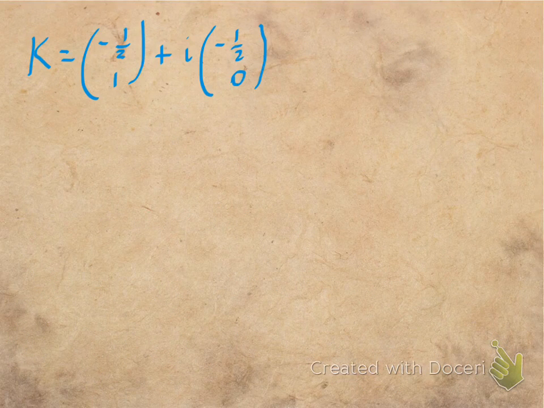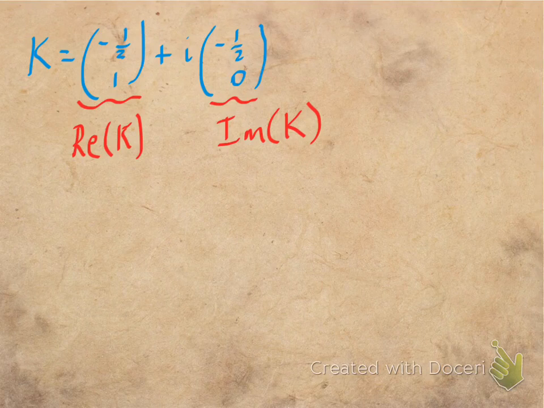So the next step is to write k1 in terms of its real and imaginary components. So its real component is negative 1/2, 1, and its imaginary component is negative 1/2, 0. Notice that the real and the imaginary parts of our vectors are both real vectors. So the imaginary part is just the coefficients that multiply i.